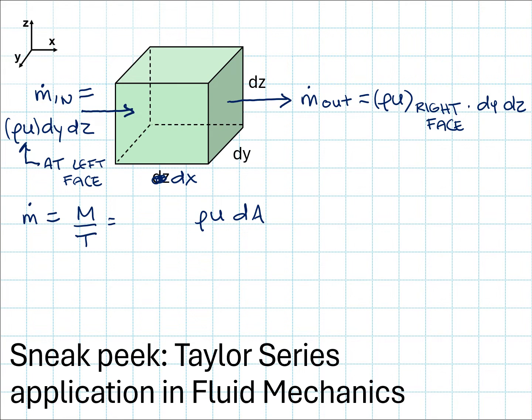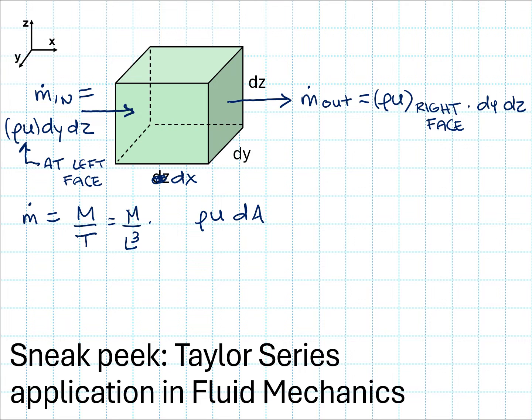So if I think about this as a density times a velocity multiplied by a little differential area dA, represented by dy dz, and I think about the units, or rather the dimensions: my density would be something like a mass per cubic length.